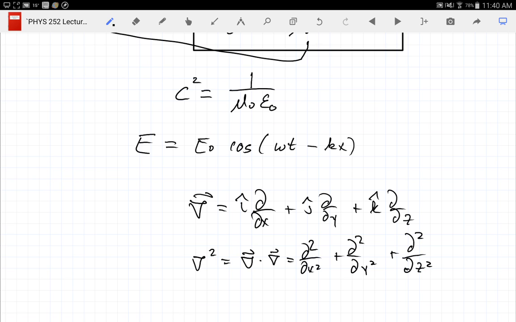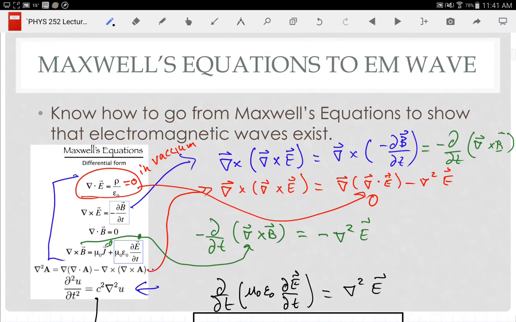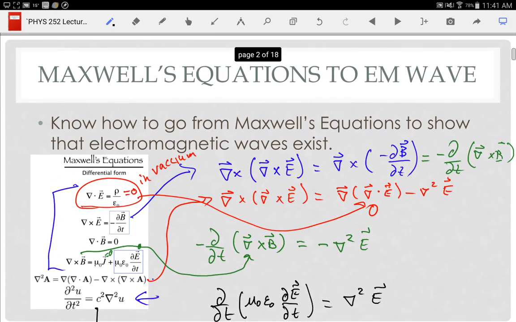And so that's why I said the second derivative with respect to the spatial variable x there, because that's what the del squared is. So those are the 2 kinds of things that we could have with Maxwell's equations. Any other questions about that option?